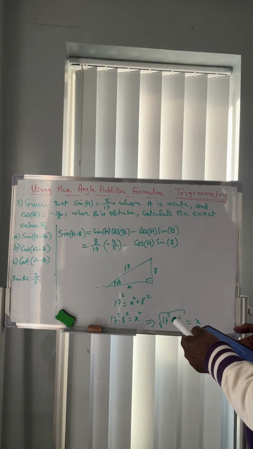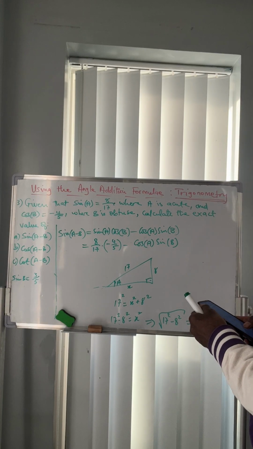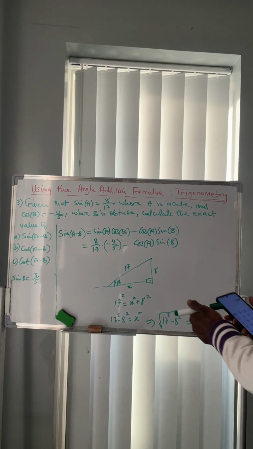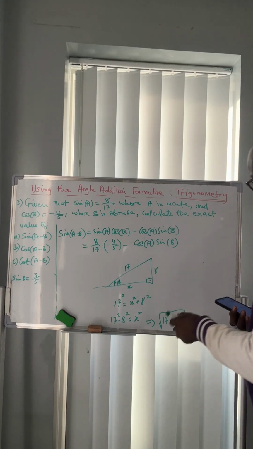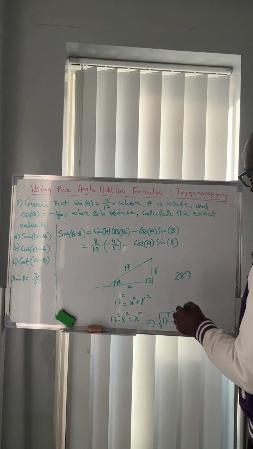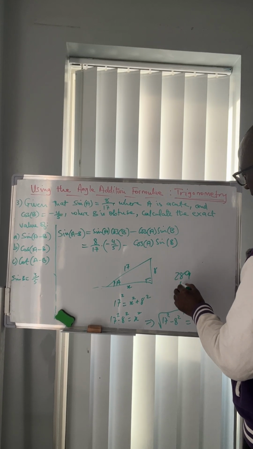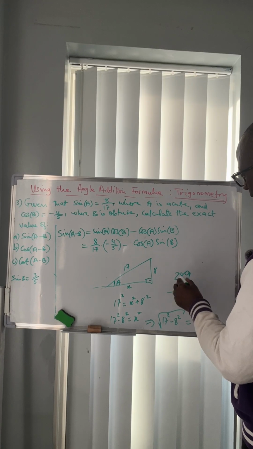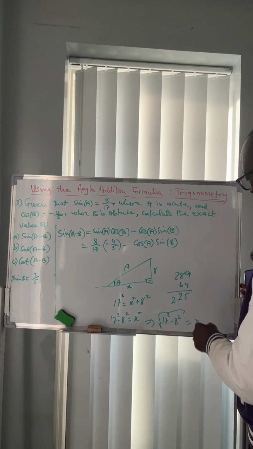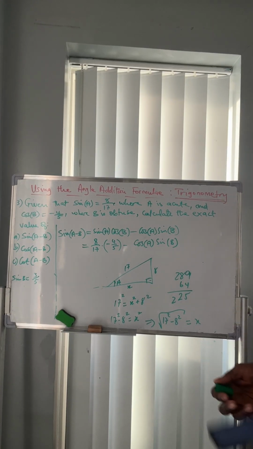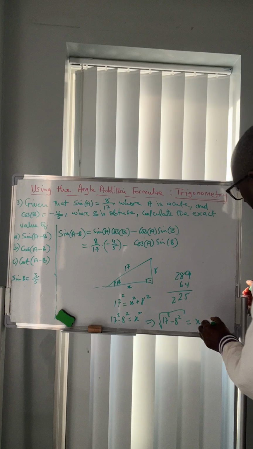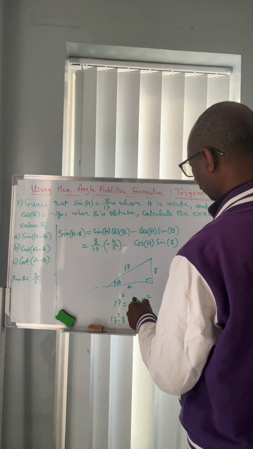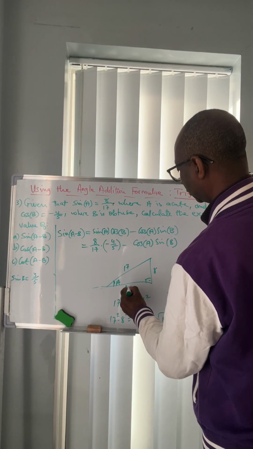You have 17 squared, 289, minus 64, which is 8 squared. So you get 225. The square root of 225 is 15. So x is equal to 15, and we now know this side is 15.